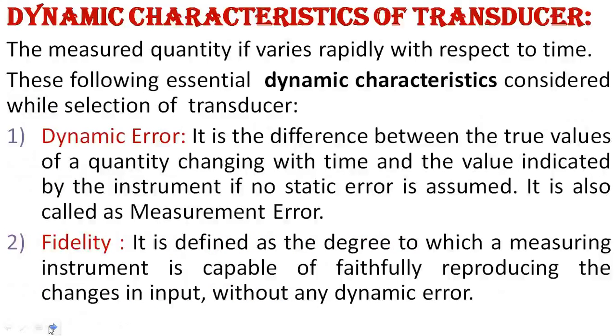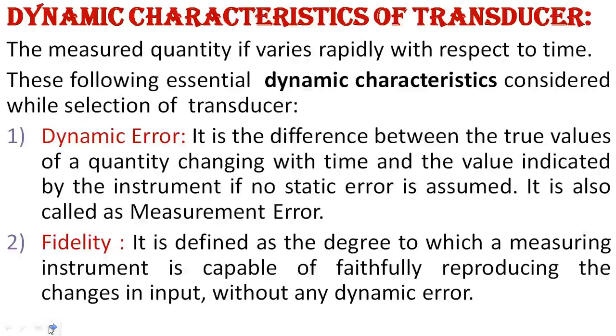Now the next are the dynamic characteristics of a transducer. We have already seen that the measured quantity varies rapidly with respect to time. So the following essential dynamic characteristics are considered while selecting a transducer. First one is dynamic error. It is the difference between the true value of a quantity changing with time and the value indicated by the instrument, if no static error is assumed.